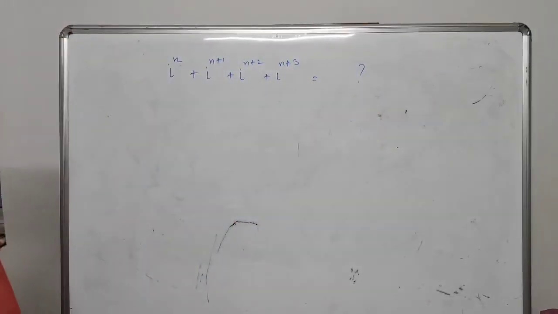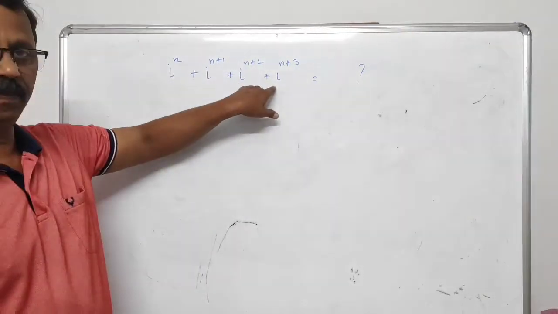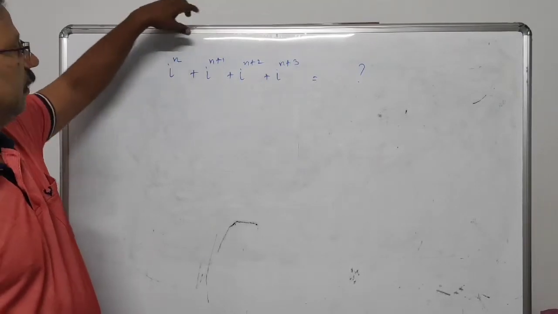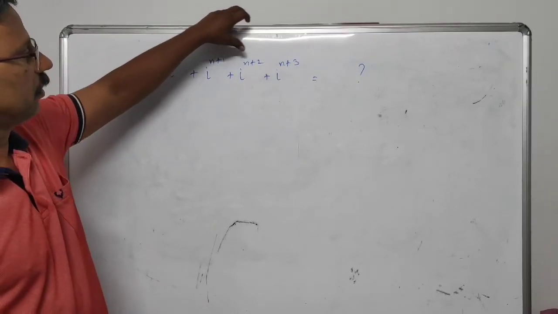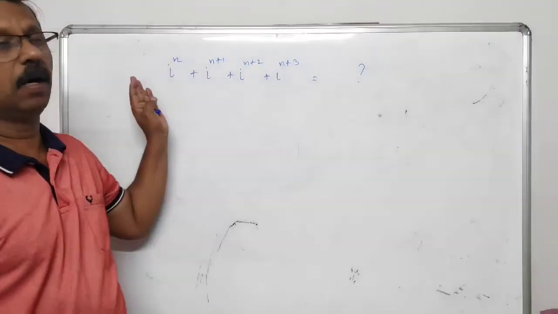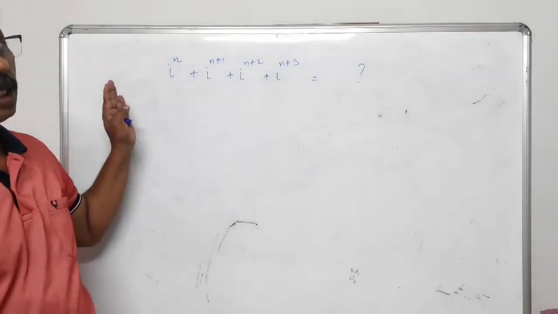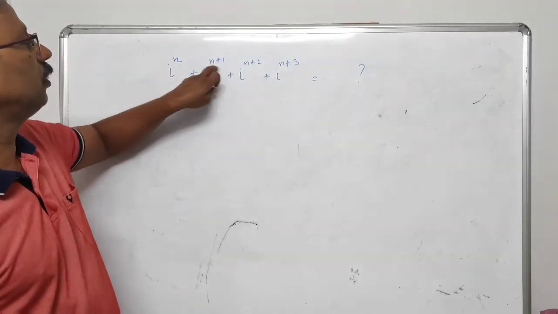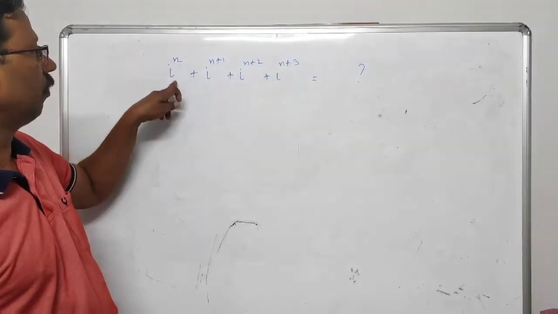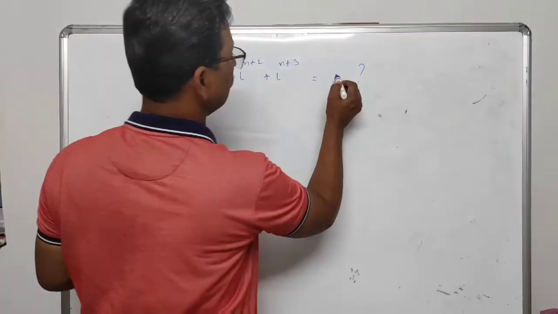We have 4 terms that we are adding. Look at the powers of i: n, n plus 1, n plus 2, n plus 3. These powers are consecutive integers. If you have 4 consecutive integers as the powers of i, then while adding these values, you will get the result as 0.